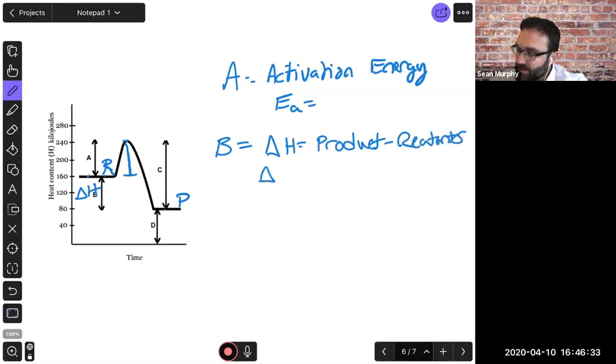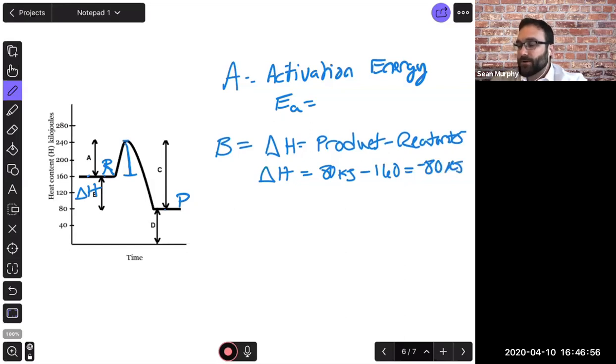So my delta H is, let's look at products. Products is at 80 kilojoules. Oops, that's 80. And then 160, 80 minus 160 is negative 80 kilojoules.